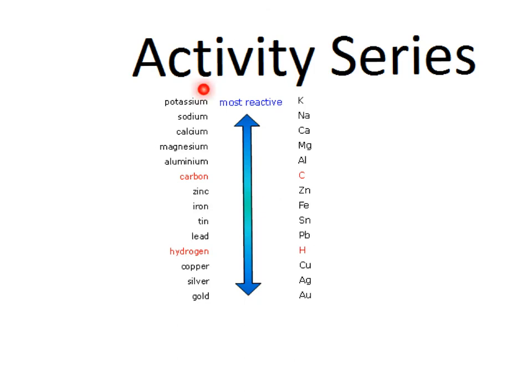So, for example, potassium up here at the top of the list with 1 valence electron can be oxidized by sodium or calcium or magnesium or aluminum. But down here at the bottom of the list we have gold and silver. Platinum would be down here too, and they are pretty unreactive, and so there's not much below gold here that would oxidize it.